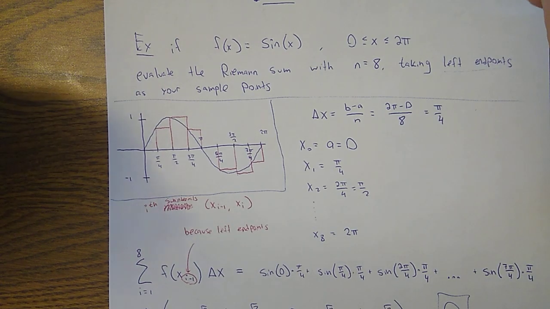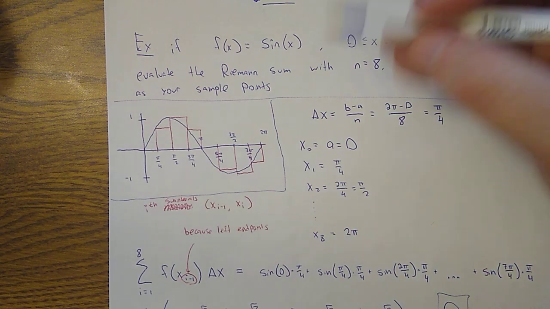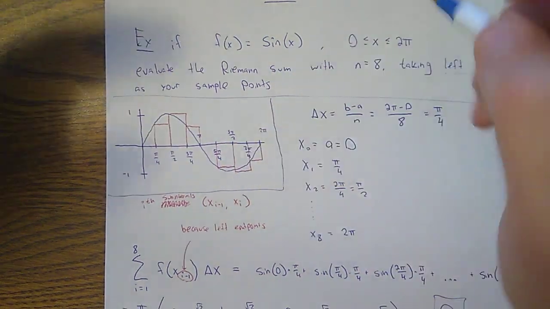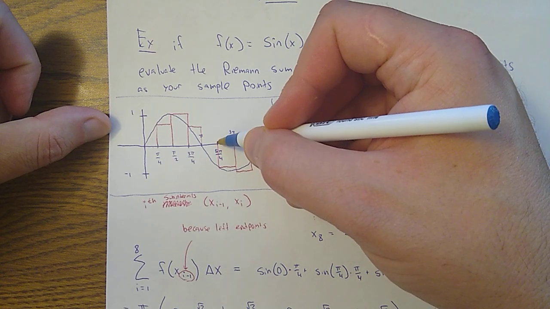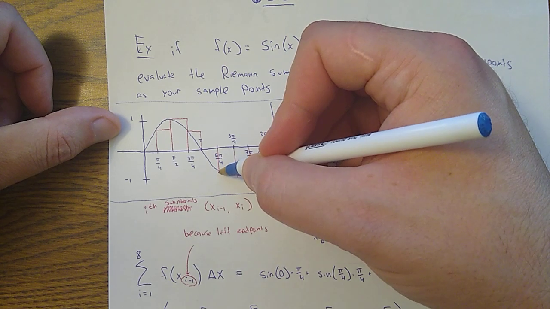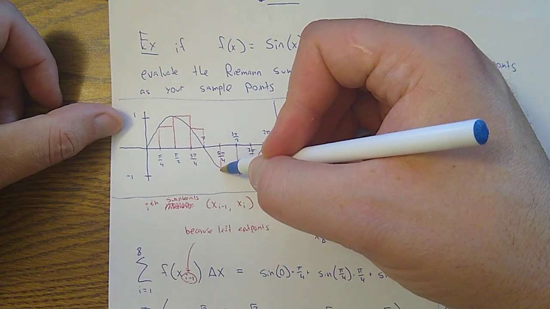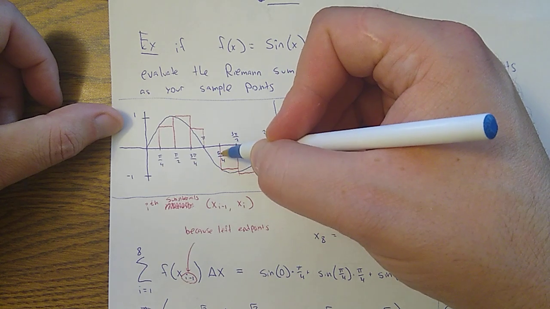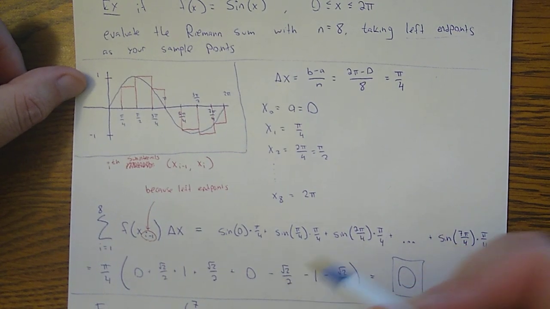A Riemann sum counts those areas as negative, because what I'm doing to calculate the quote-unquote area of this rectangle is I'm taking the width times its height, but when I say its height, I'm saying it's a negative number. I said that the height of this rectangle was sine of 5 pi over 4, which was a negative number.